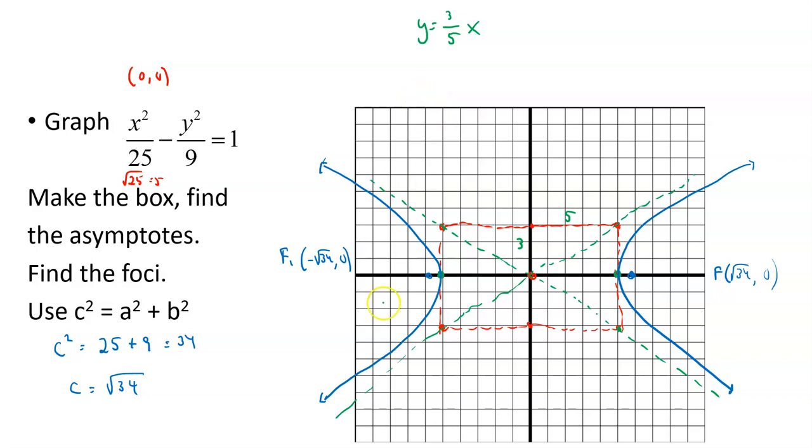And then the other one goes down 3 to the right 5. So the other one is y equals negative 3/5 x. So those are the equations for the asymptotes. Those are those green lines that are dashed lines that are in there. And those asymptotes guide the hyperbola when I go to construct it.